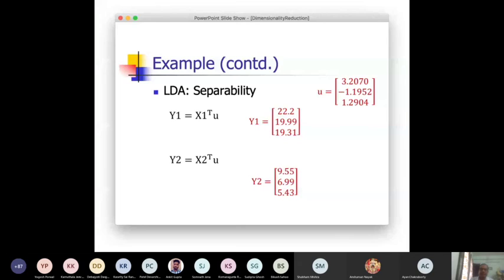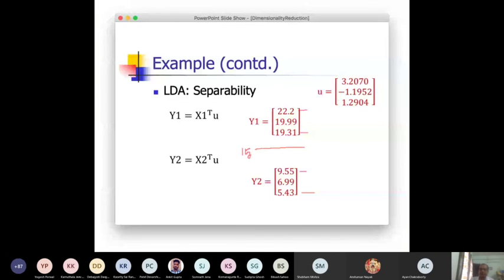You can see that these are the projected values. The range of y1 lies between 19.31 and 22.2 for this set of data points, and here it is 5.43 to 9.55. By observing this, we can make a decision. Let me put a margin of, say, 15.